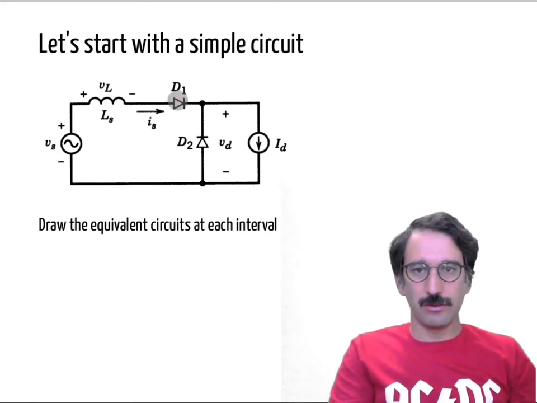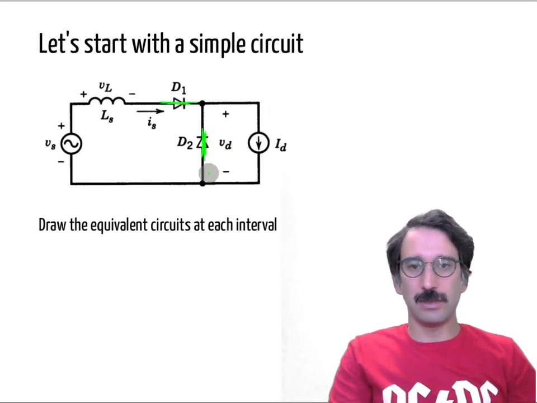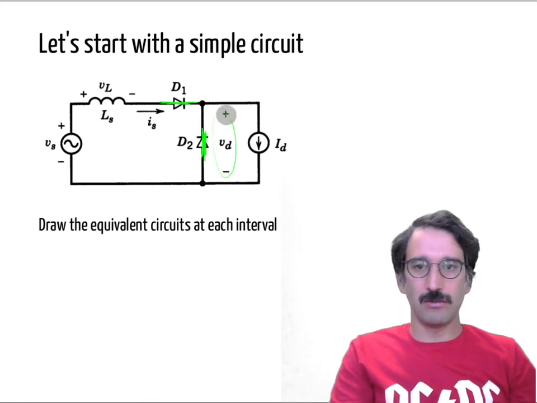So let me draw the output voltage. Let me show it with green to be consistent. If D1 is on and D2 is on as well, what is our VD voltage?